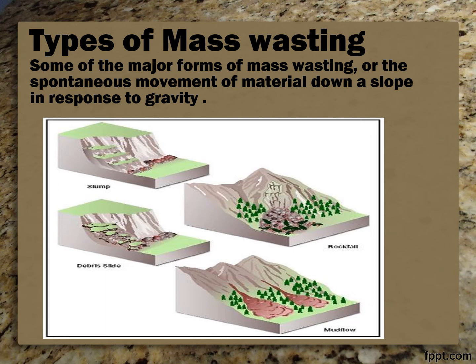Types of mass wasting. Some of the major forms of mass wasting are the spontaneous movement of material down the slope in response to gravity. Usually, this happens when we do harmful things to our mountains, kaingin, when we do illegal logging or even logging naman.